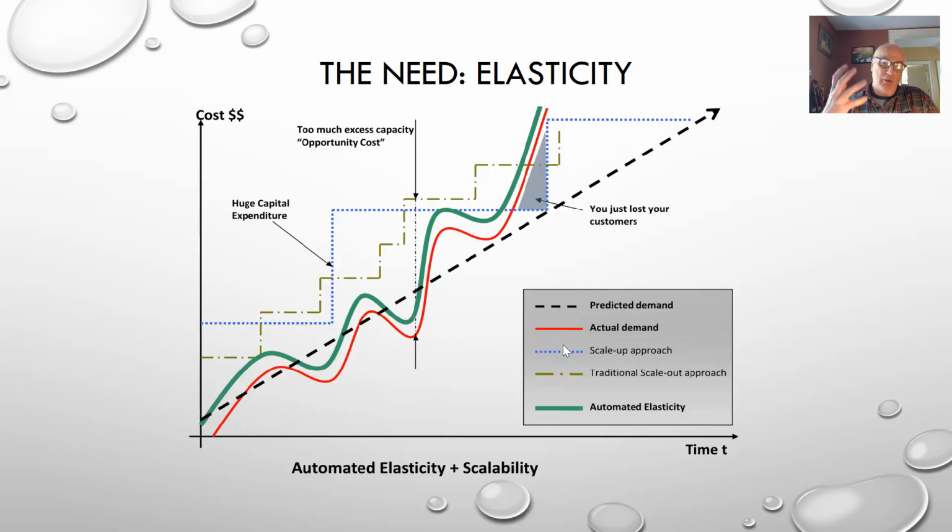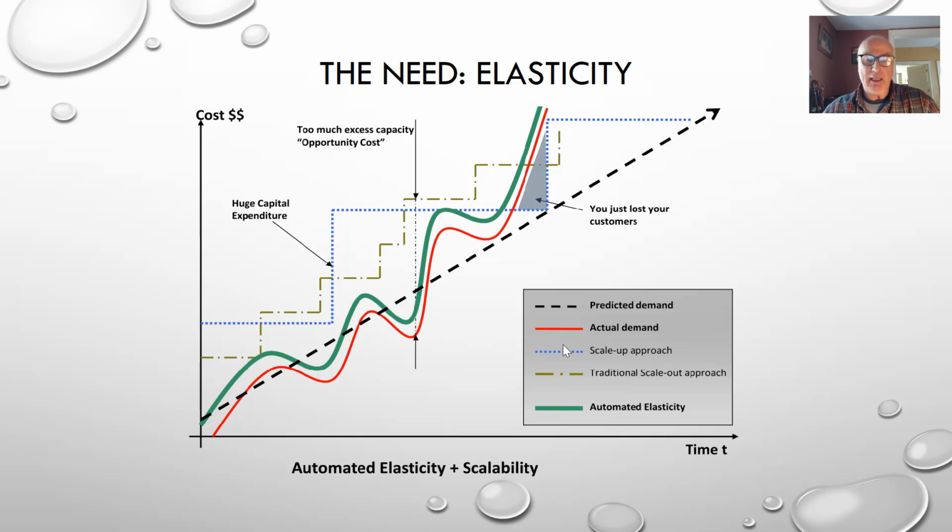So what we really need is this: we need elasticity for our applications, supported by our application architectures. But the problem is that that's hard to build unless you're using a cloud.